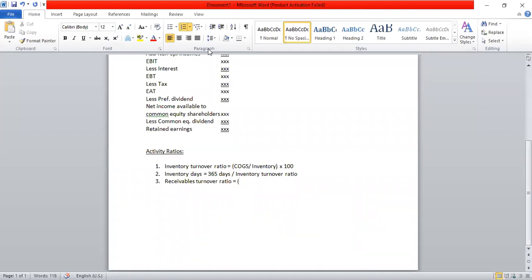Any other term for receivables? No one's listening to the class. No response is coming. Do you know the meaning of receivables?